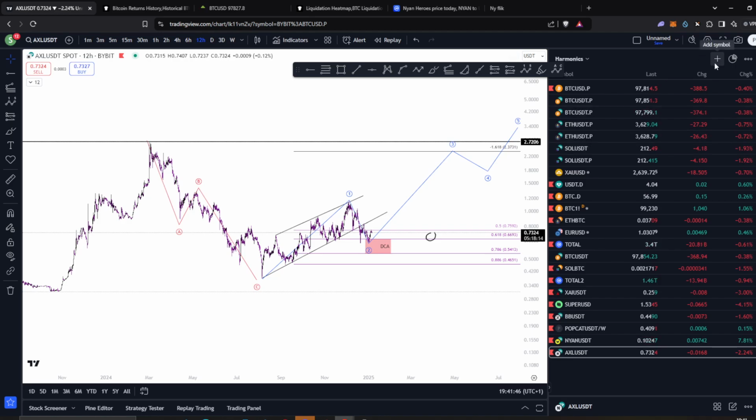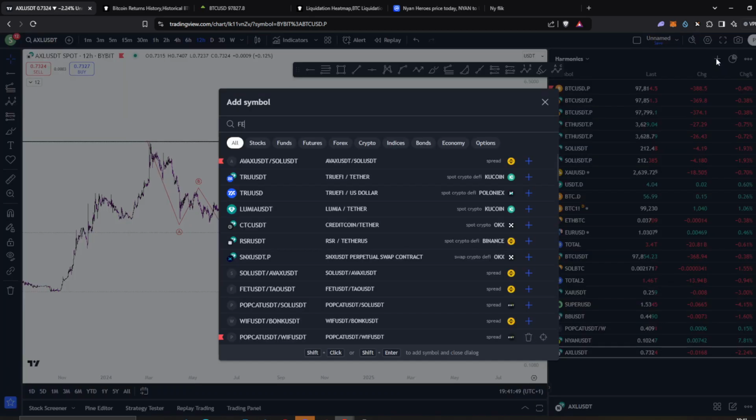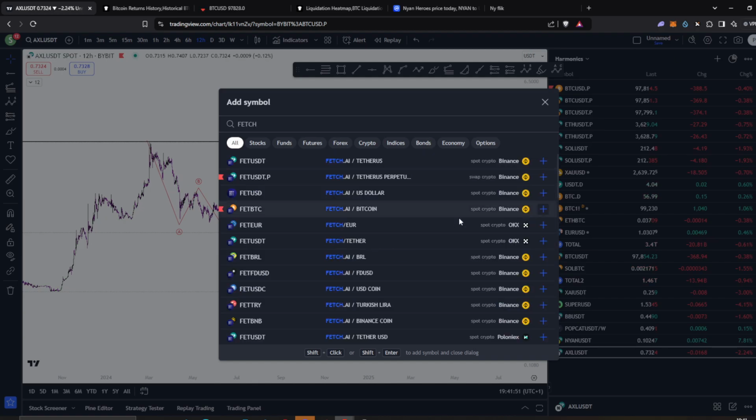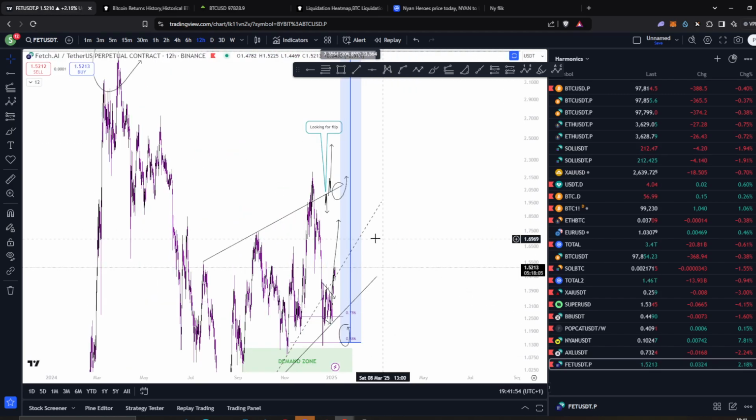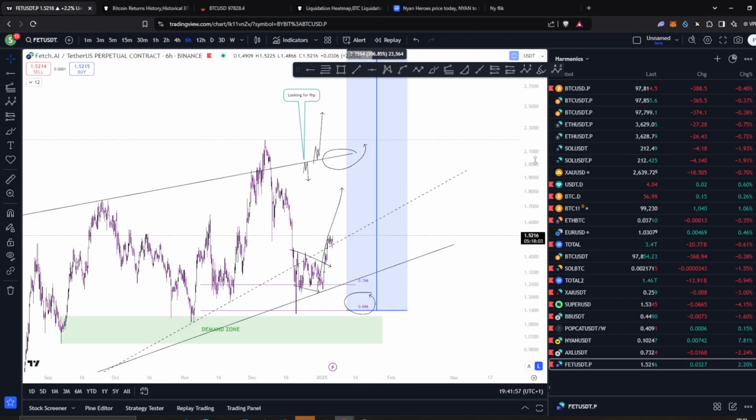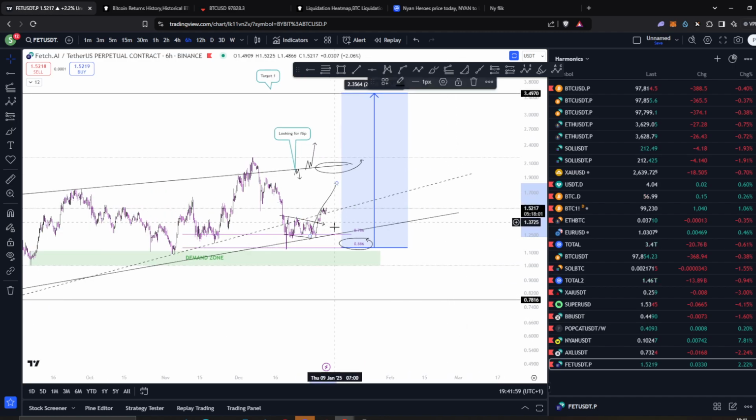I was going to look at some requests here. Fetch. I do have a Fetch chart because I've been DCing it myself. They had some news today that they were burning a bunch of the supply. I really like Fetch here. I've been buying.